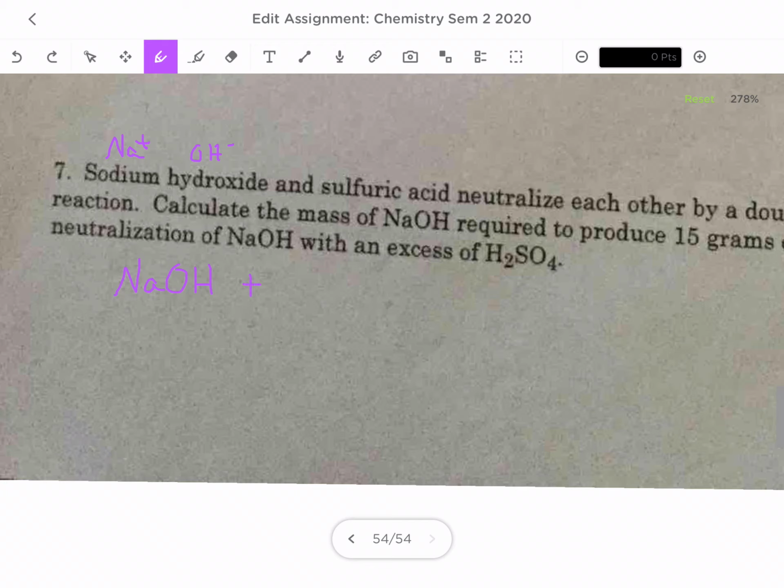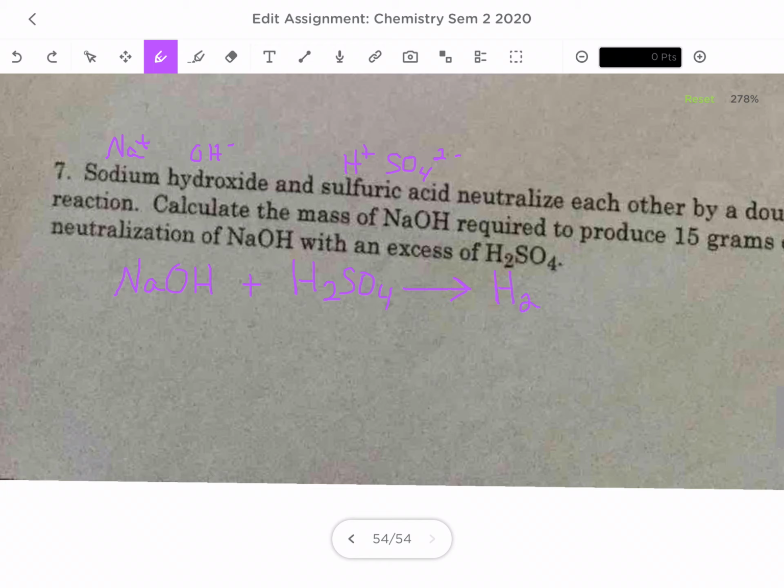I know that sulfuric acid is made from sulfate, so it is going to be H2SO4. And in a double replacement, I know that H is going to go with OH, so I get some water.